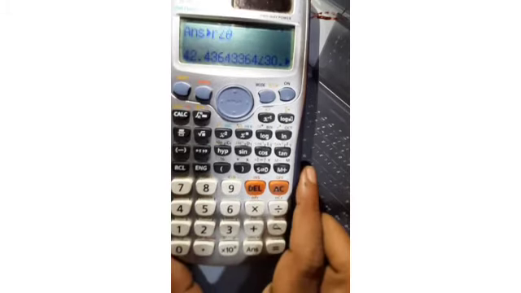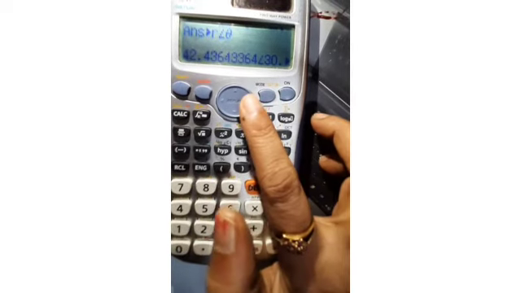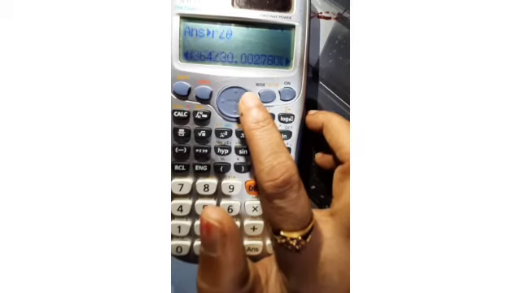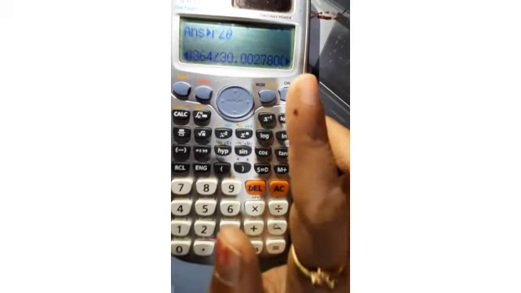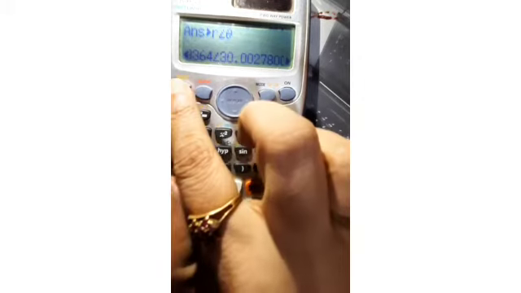Okay. So this answer is 42.43 at an angle 30.00276. Okay, this is how you can find your answer. Again, if I want to convert this into rectangular form, what will I have to do?